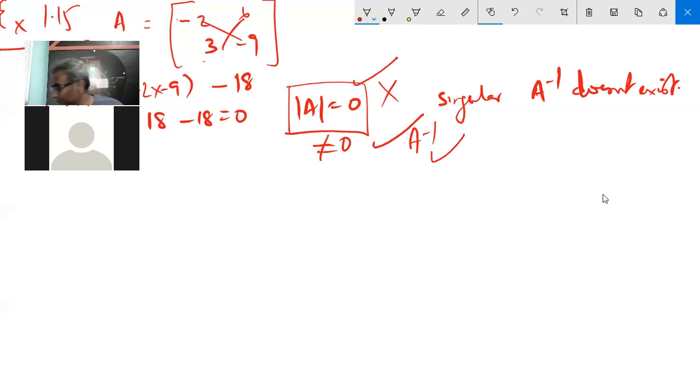We have already run out of time for example 1.16. You do it as homework. Example 1.16, 1.17, 1.18, there are so many. Why don't you try some examples without seeing the solutions? 1.16 is straightforward, so do 1.16, then try 1.17.